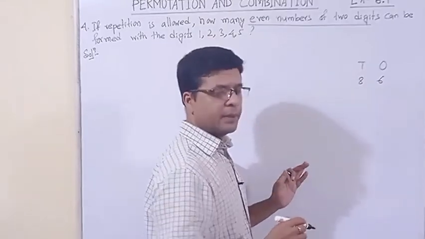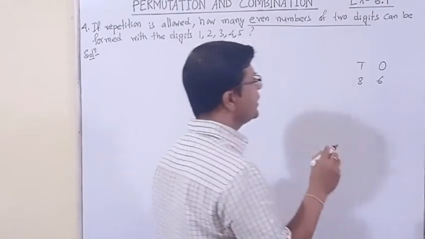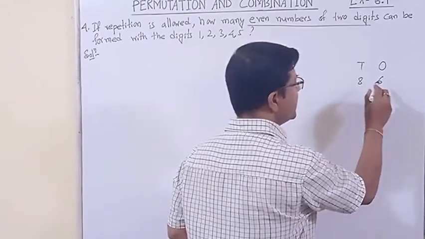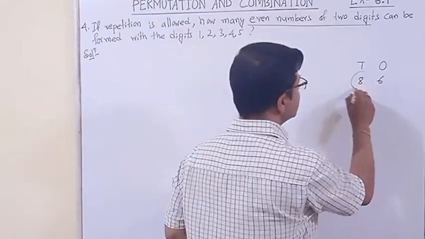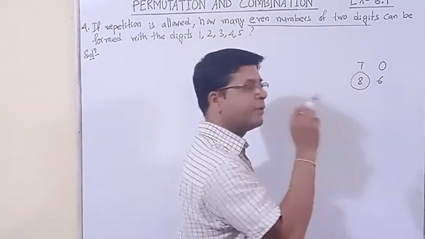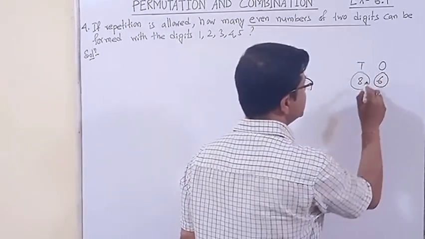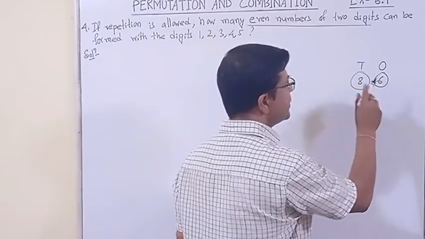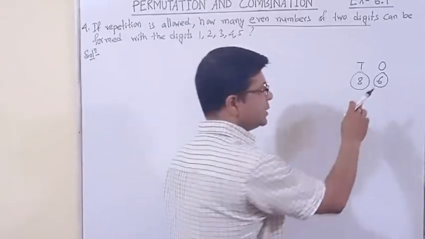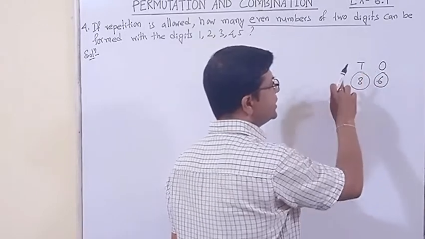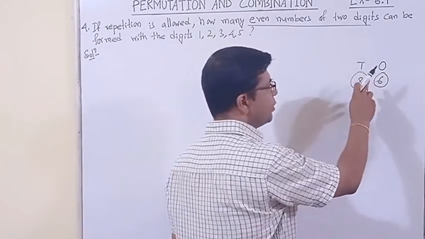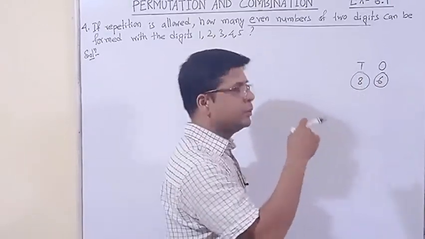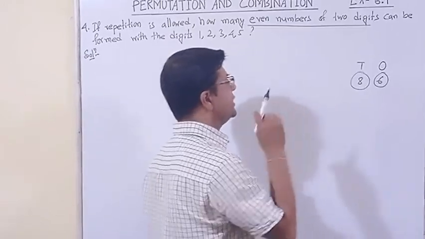This is an even number. How can we find that this is an even number? Even number cannot be found with this digit. Even number can be found with the digit in the ones place. If the number is even, the digit in the ones place may be 0, 2, 4, 6, 8.